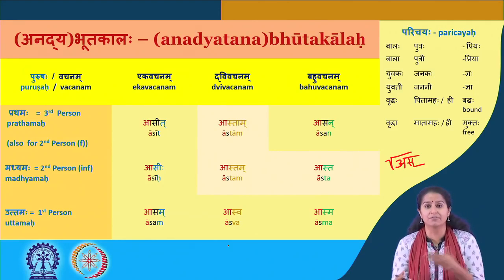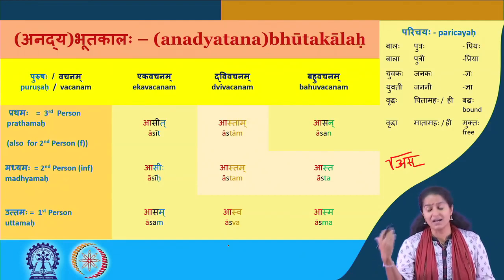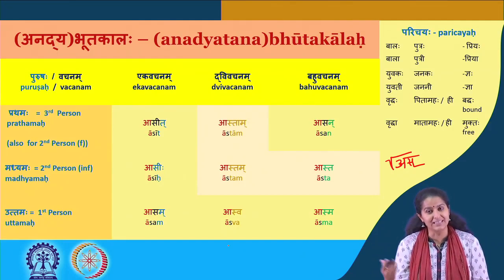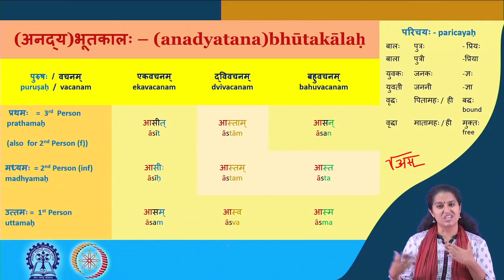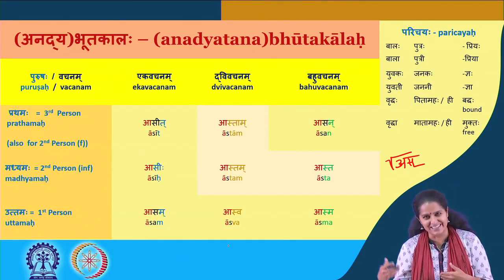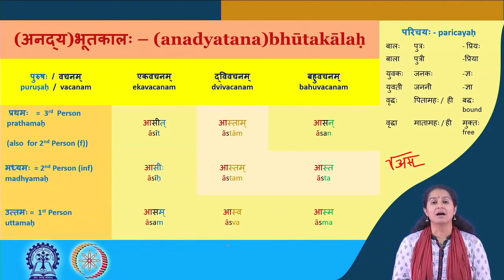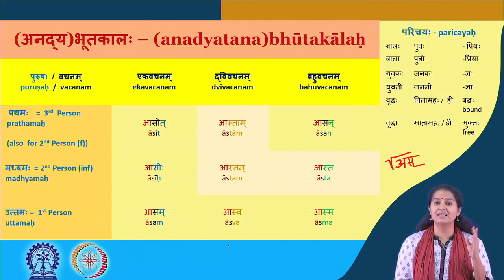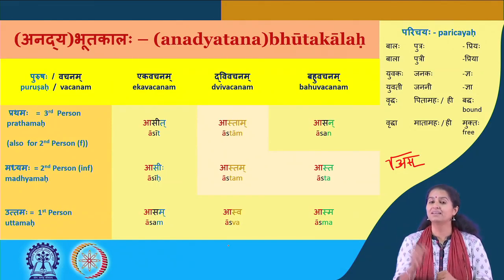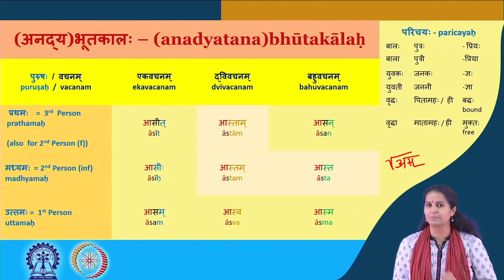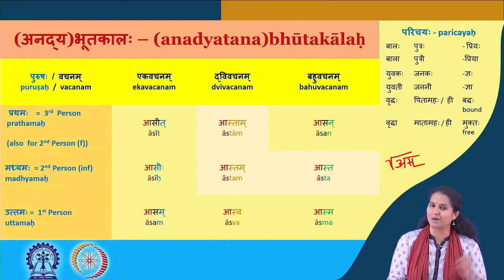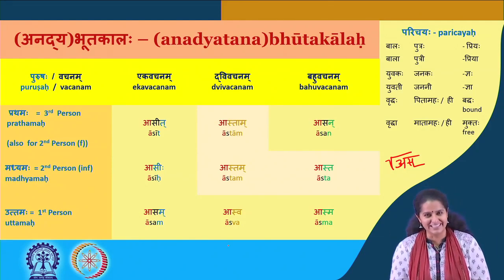Now let's look at the word for the son, putraha, and putri. Father, janakaha, and janani for the mother. Grandfather, paternal side, pitamaha, pitamahi, grandmother, paternal side. Maternal grandparents would be matamaha and matamahi.